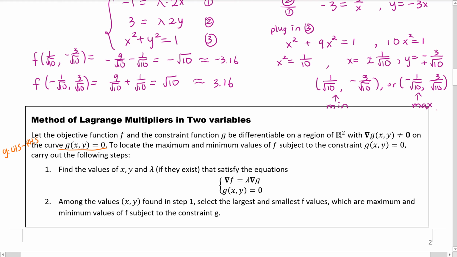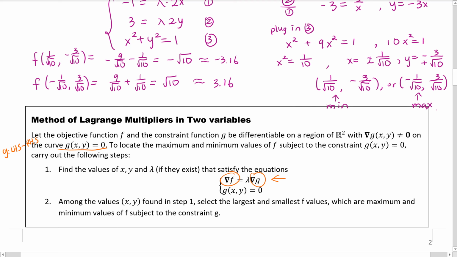First, find the values of x, y, and lambda, if they exist, that satisfy the equations. It looks like 2 equations, but there are more because these are vectors. If we have a vector in R2, then this one equation gives us 2 equations, one for each coordinate.